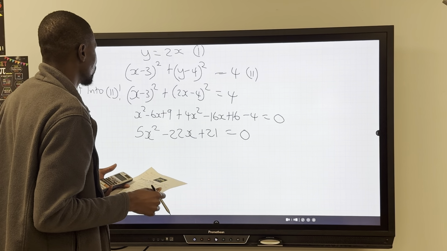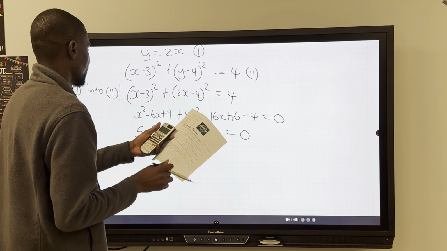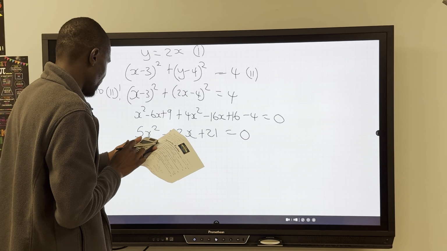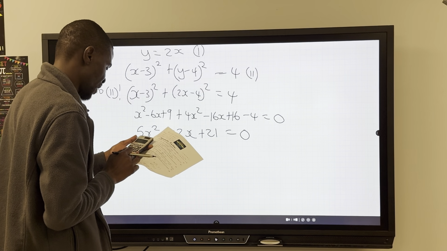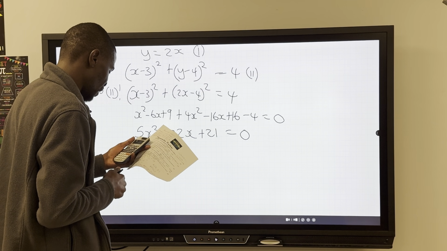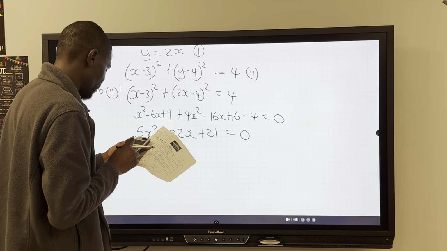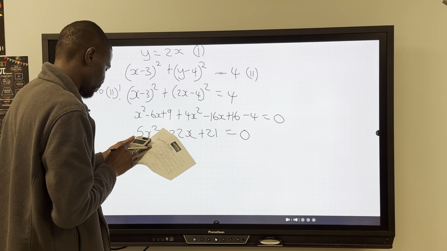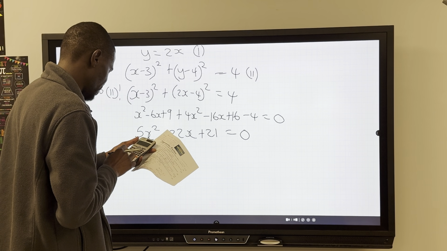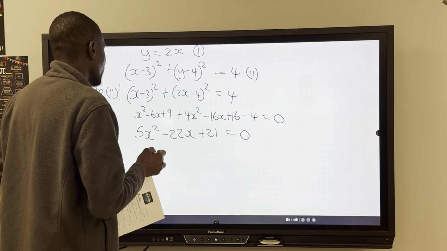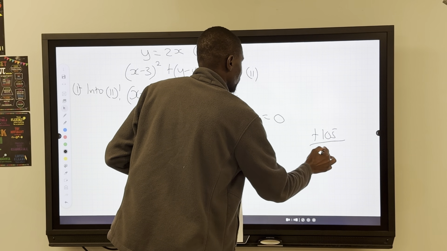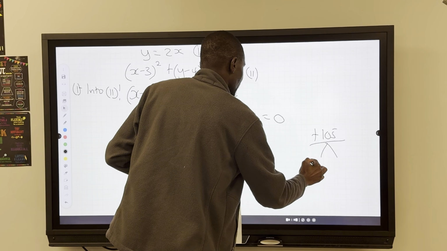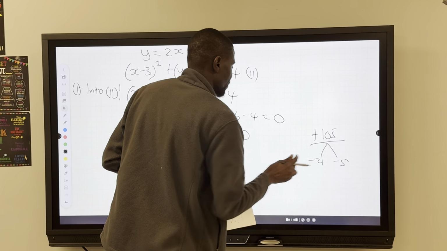Then we need to find factors of what? If I multiply 21 times 5, I need factors of 105. So it's plus 105, right? So factors, I think we have negative 21 and negative 5.